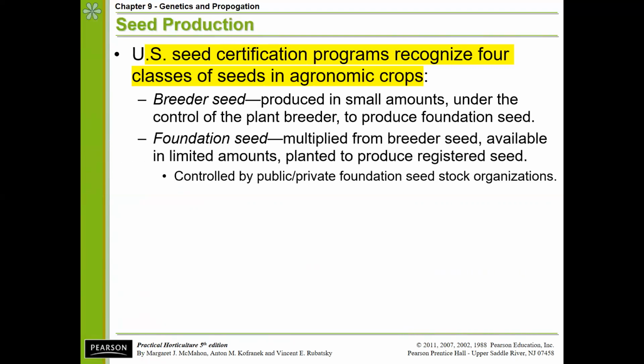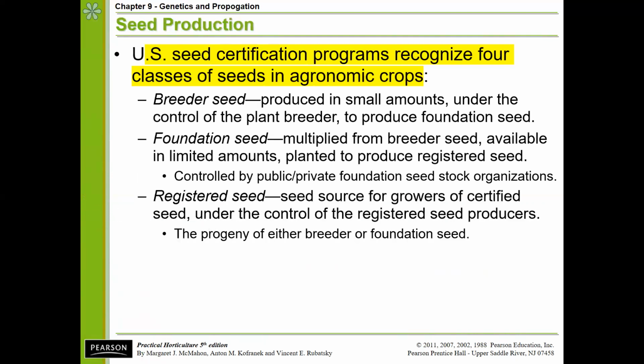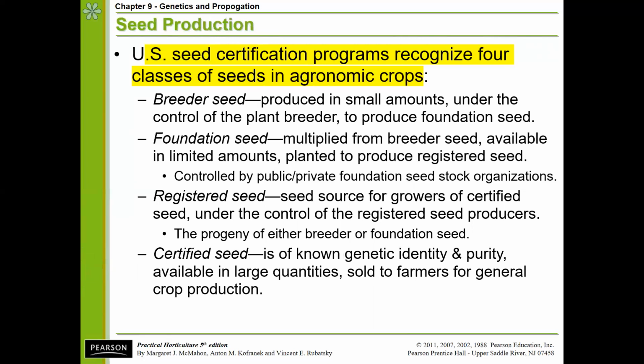Foundation seed is multiplied from the breeder seed and available in limited amounts, often controlled by particular organizations to maintain seed stocks. Registered seed is for growers of certified seed, and they have strict guidelines on how to grow the seed, how to dry it, etc. And then certified seed is looking at the genetic identity and purity, and usually that is what is sold to farmers for crop production.